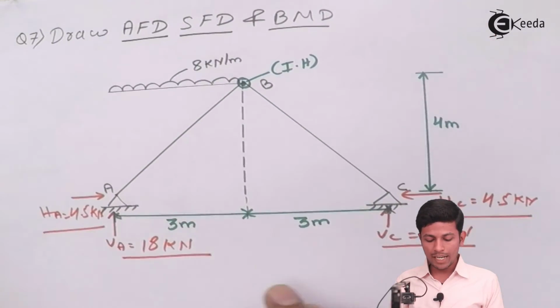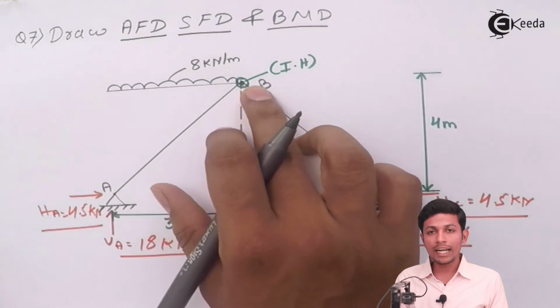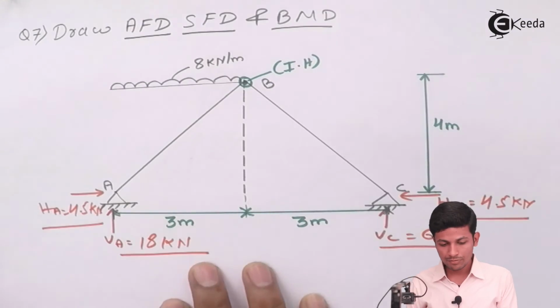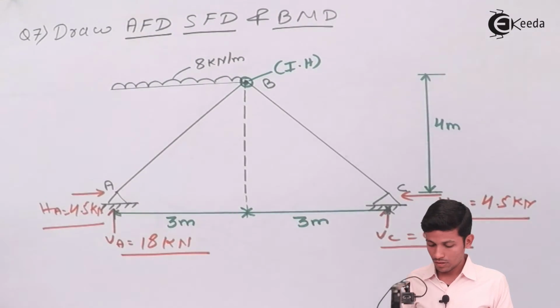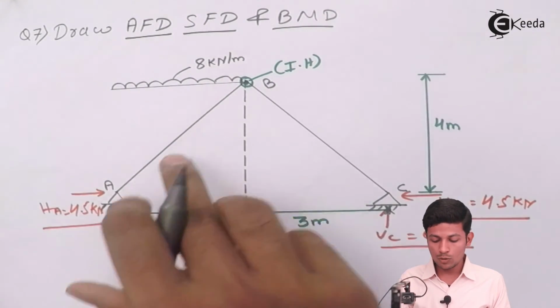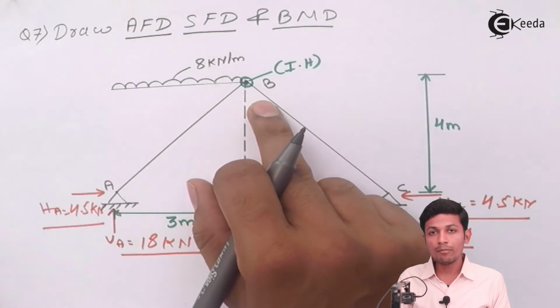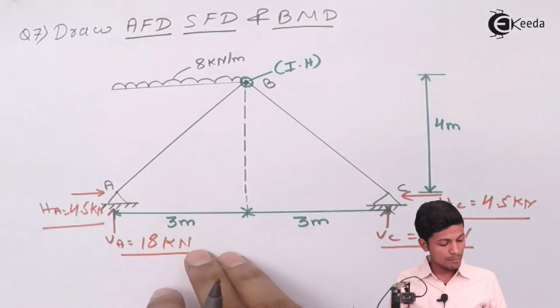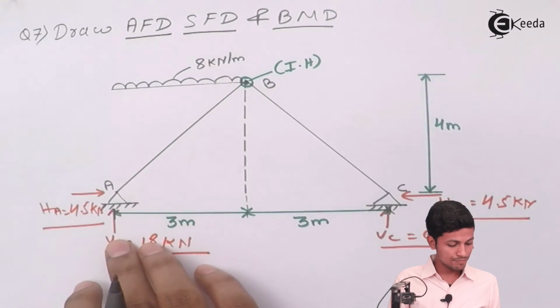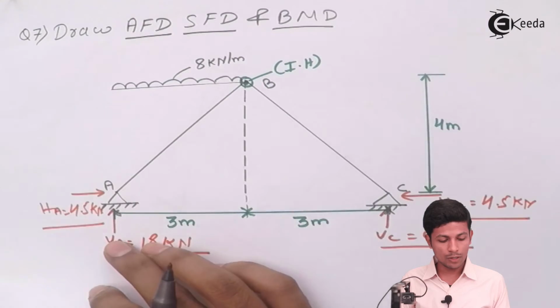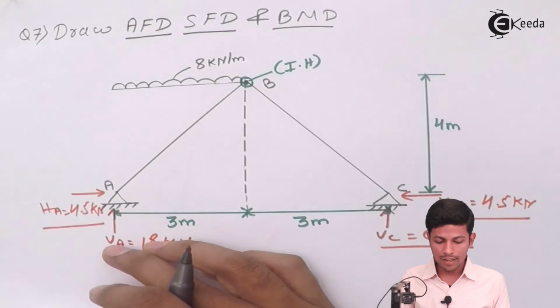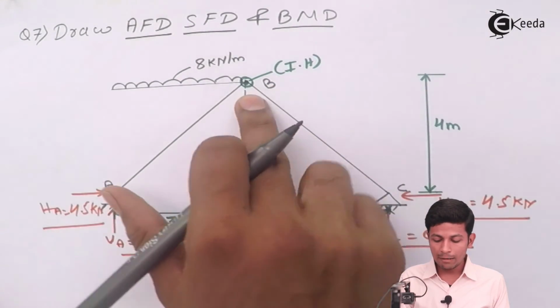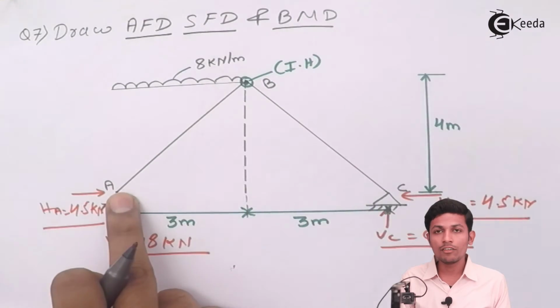Now we have to find the bending moment at A and the bending moment at B. Bending moment at A will be 0, and bending moment at B would be as calculated in the previous one. We have to calculate all these values. Okay, now see, bending moment at B will also be 0 and A will also be 0.